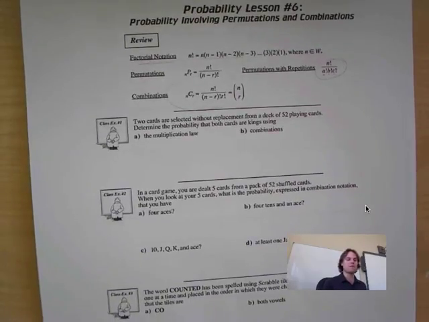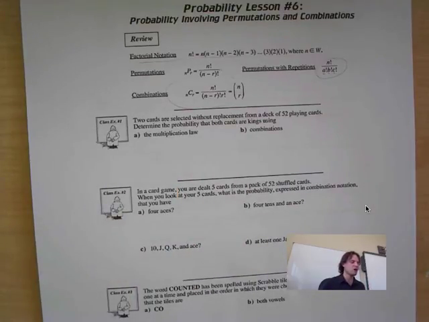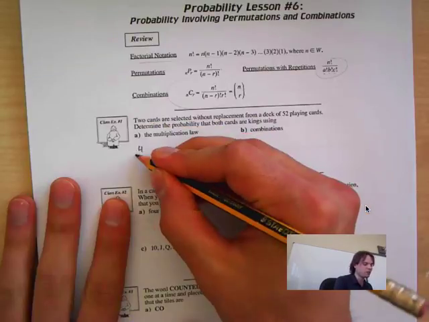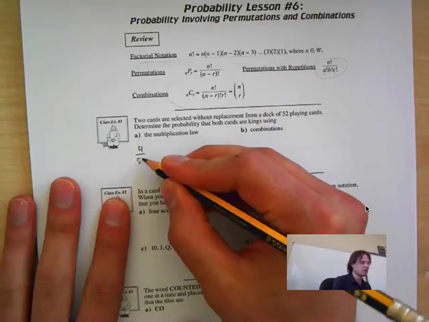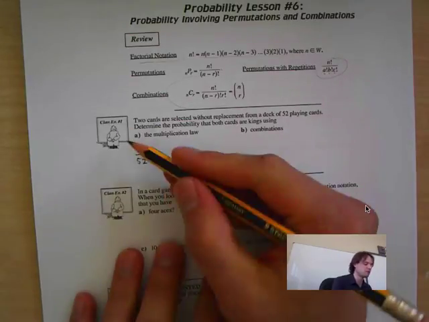So here is our very first example. It says, 2 cards are selected without replacement from a deck of 52 playing cards. Determine the probability that both cards are kings. Let's look at the multiplication law. There are 4 kings out of 52 cards in a deck, so if we pick the first one, you have a 4 in 52 chance, which is the same as 1 in 13.